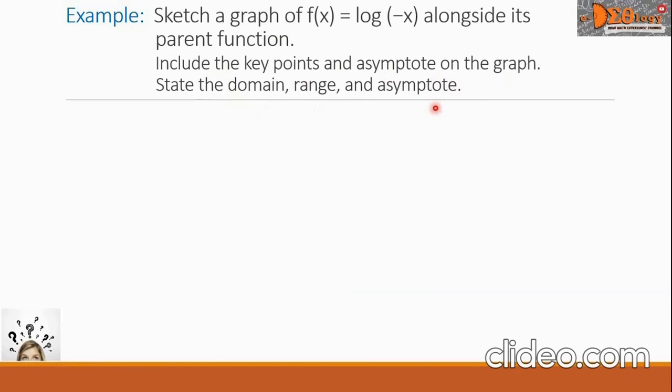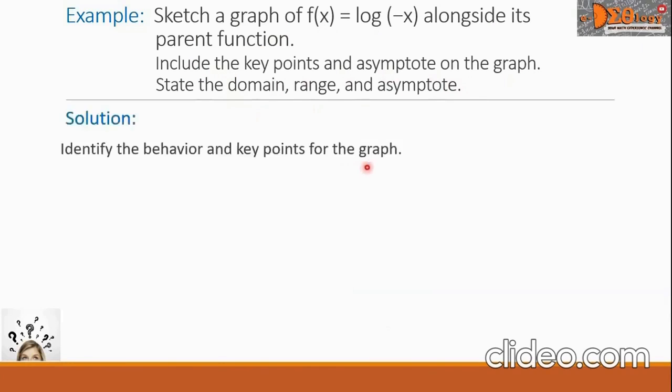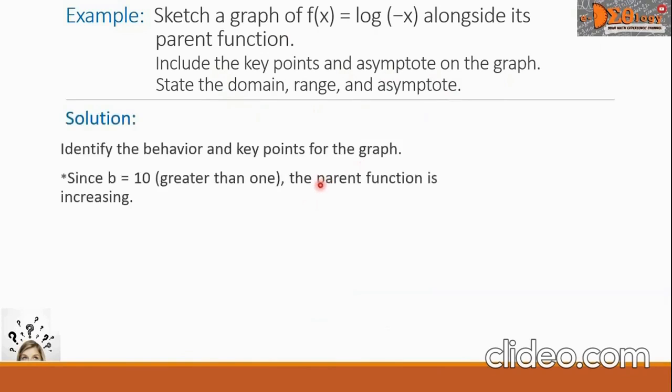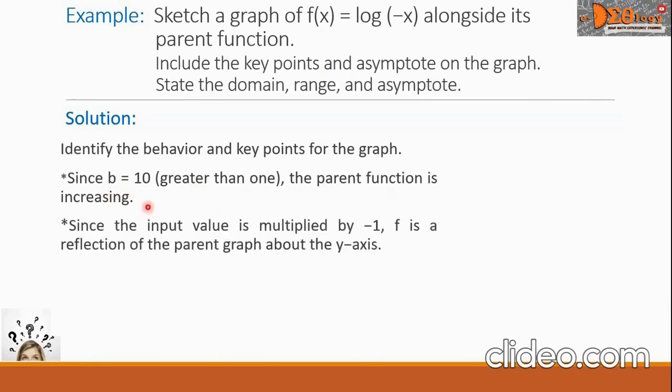Let us identify the behavior and key points for the graph. We can see here that our problem is a common logarithm. Since the base equals 10, which is greater than 1, the parent function is increasing. Since the input value is multiplied by negative 1, f is a reflection of the parent graph about the y-axis.